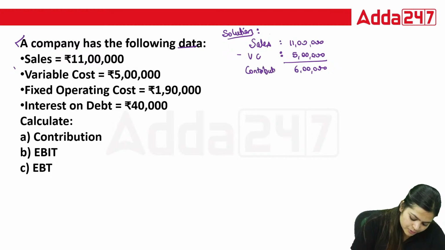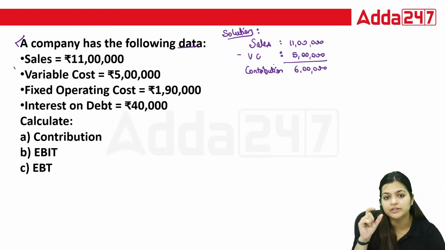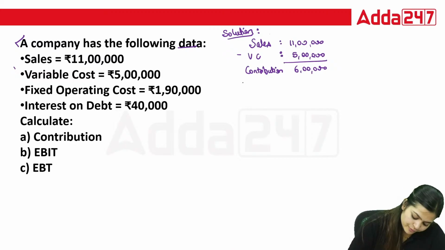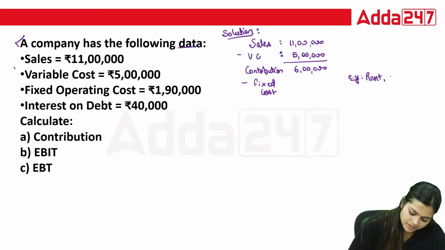Now see, in the question, they are giving data in total terms. So we are going to assume this answer also in total, correct? Now from this contribution you are going to subtract fixed cost. Fixed means, for example, rent payment, insurance payment, salary paid to admin department.